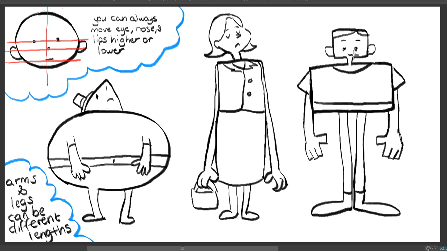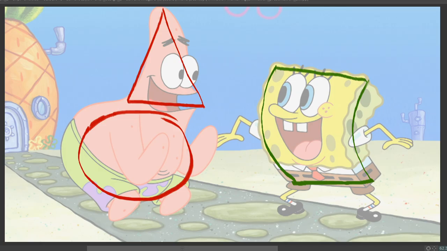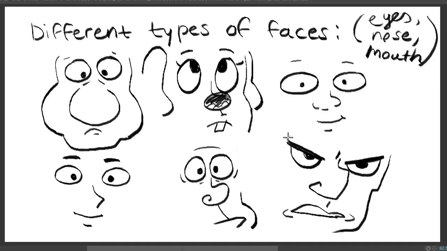And yeah, you can make their eyes higher on their face if you want to. I think I had another example here. Yeah, these are just different types of faces, and you see there's different ways of drawing eyes and noses and mouths, you know. Just experiment and find your own style, find what you like.